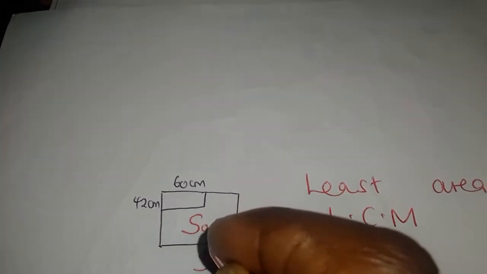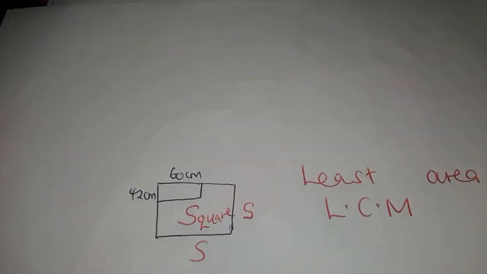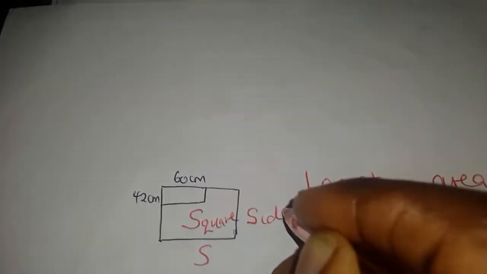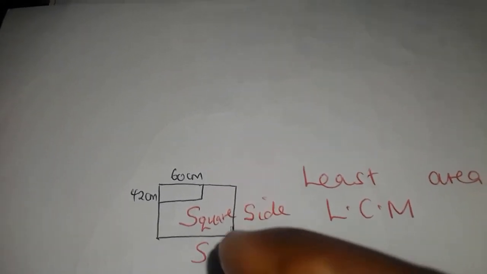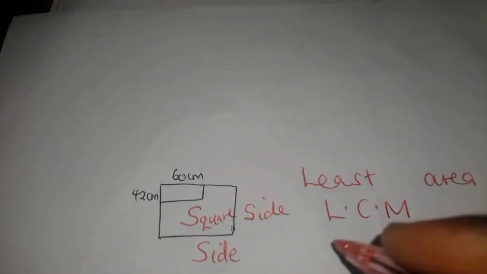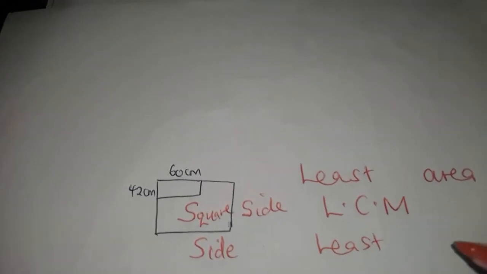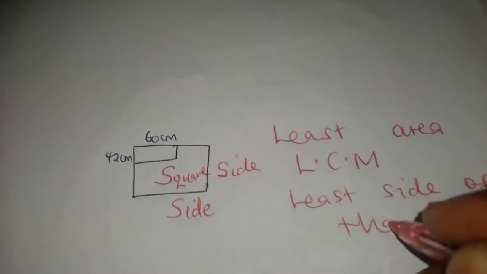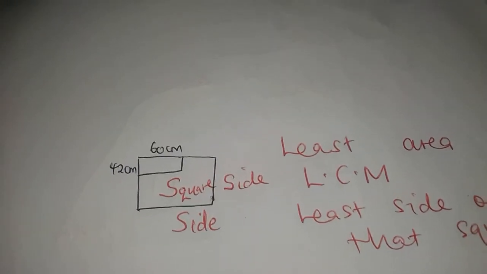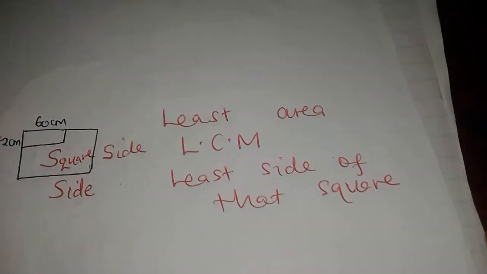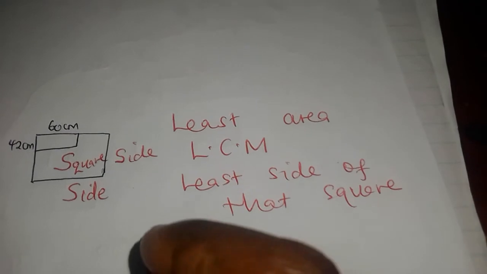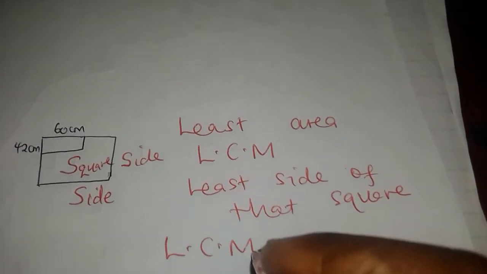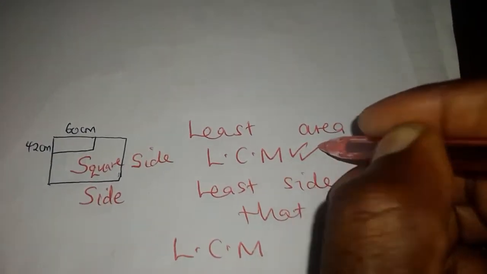So this is my square, and this is the side. I need to get the least side of that square, and getting it will involve the LCM.